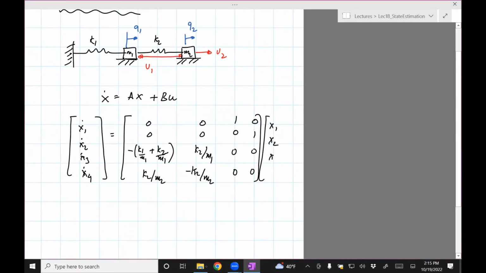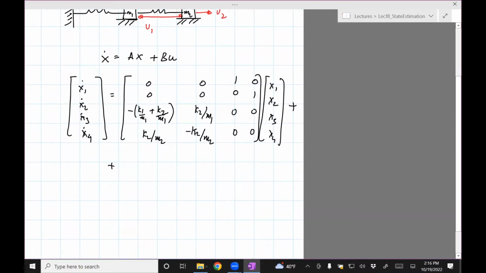X1, X2, X3, X4 plus BU, and B is 0, 0, minus 1 divided by M1, 1 divided by M2, 0, 0, 0, 1 divided by M2.